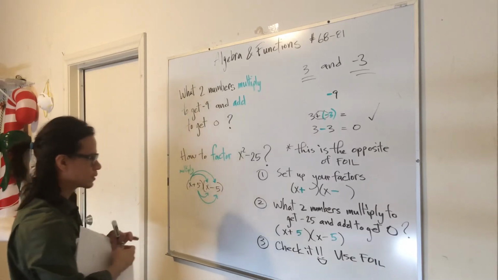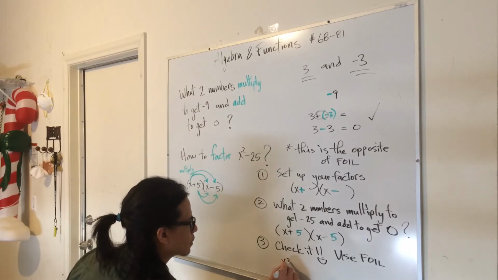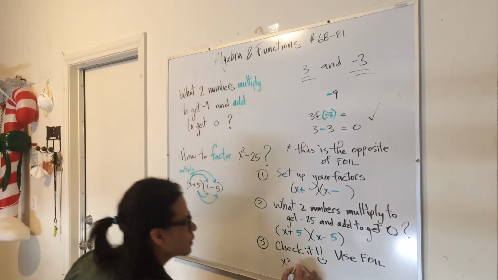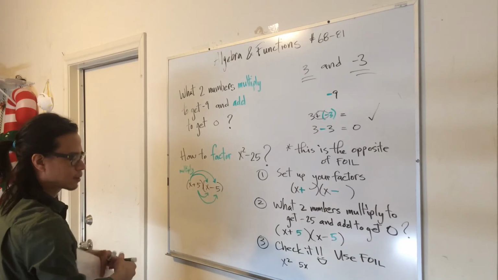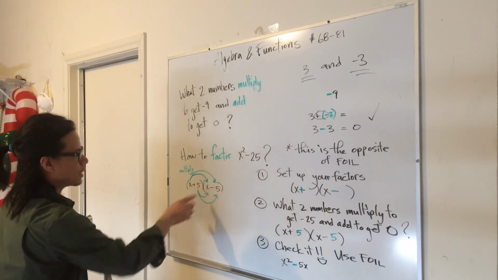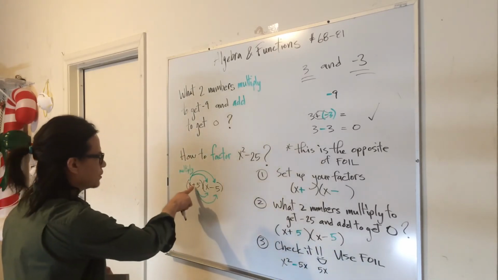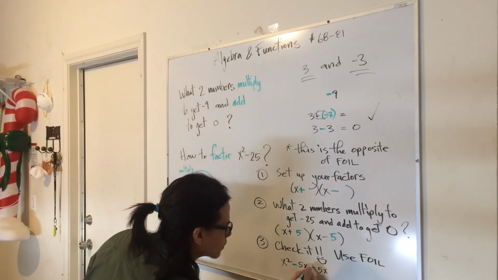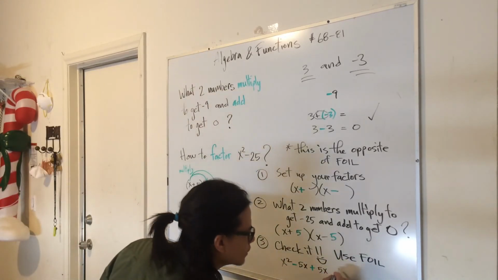x times x is x squared. x times 5 is 5x. Positive times negative is negative. 5 times x is 5x. Positive times positive is positive. 5 times 5 is 25.